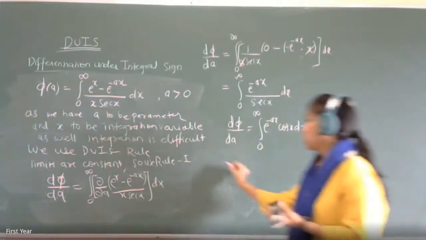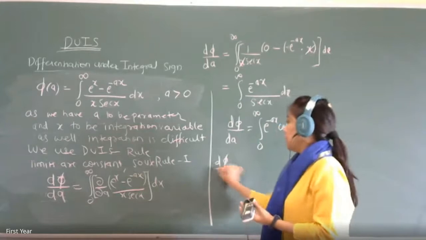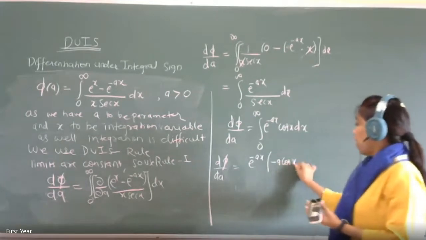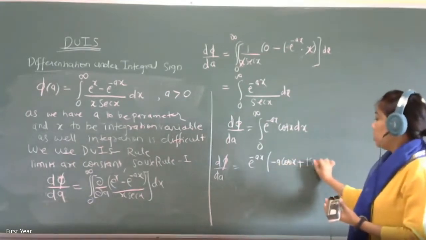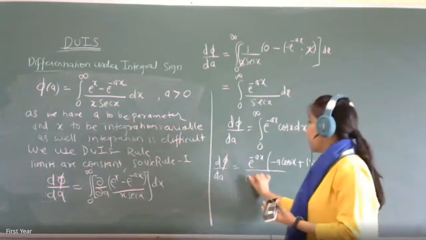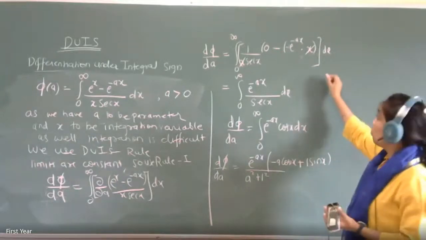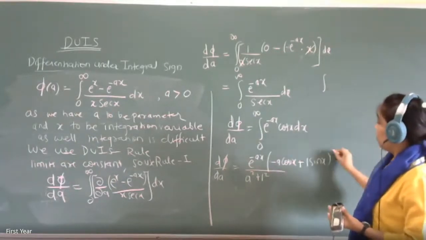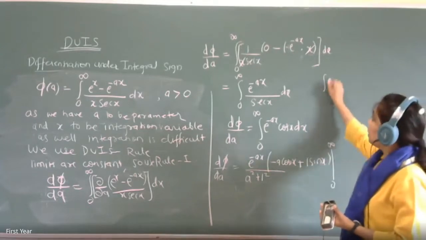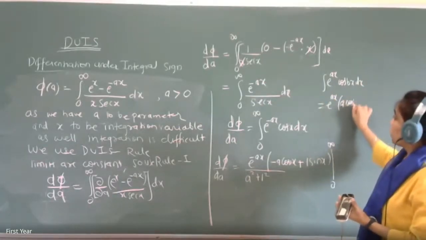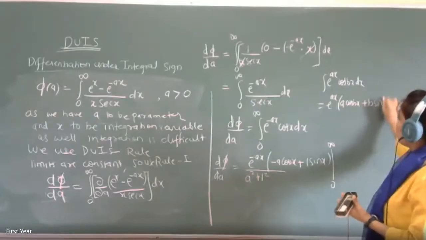Whose integration formula have we written? dφ/dA is equal to e raised to minus ax into minus a cos x plus b, which is 1, into sin x, divided by a square plus b square. What formula have I used? The formula I have used is the integration of e raised to ax cos bx dx, which is nothing but e raised to ax into a cos bx plus b sin bx divided by a square plus b square.